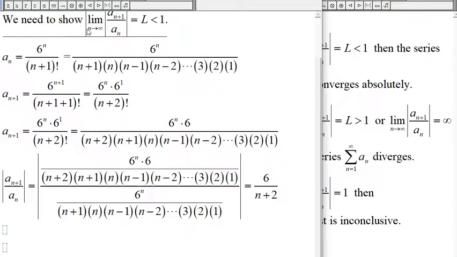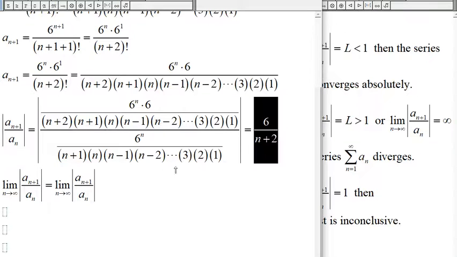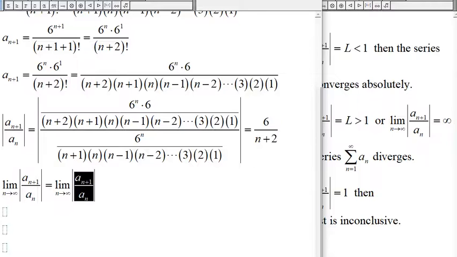And then now we need the limit of this ratio, which is equal to 6 over n plus 2. And then this will be 6 divided by infinity, which is 0, which is less than 1.